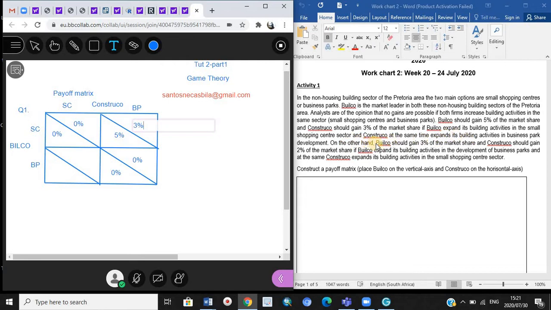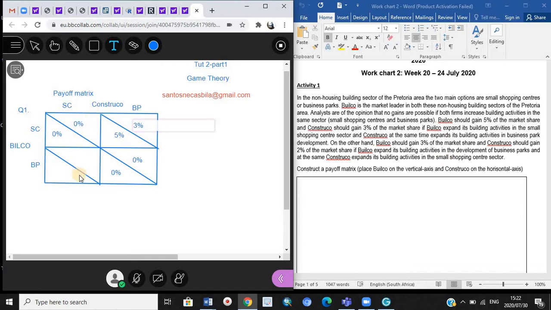On the other hand, Bilko should gain 3% of the market share and Constructor should gain 2% of the market share if Bilko expands in the development of the business park and Constructor expands in the small shopping center.